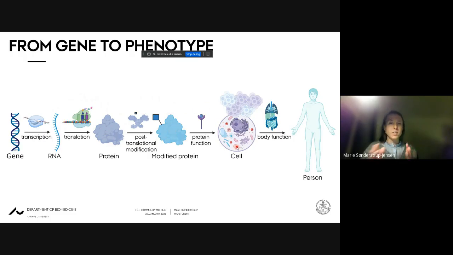And all of these different functions that proteins have in cells are what make cells into specific tissues that make up specific body organs and have a function in the body and makes up the whole body and the whole person, right?